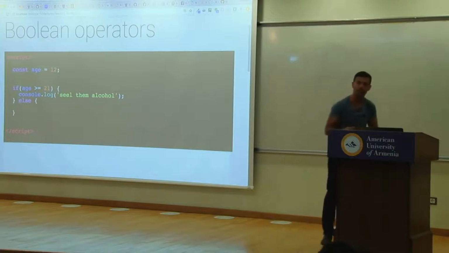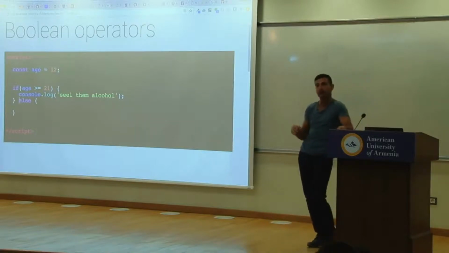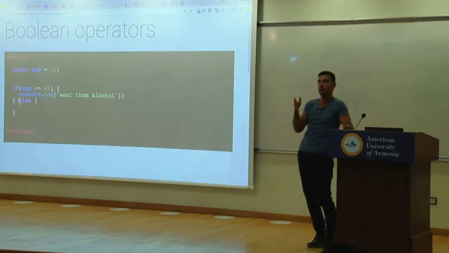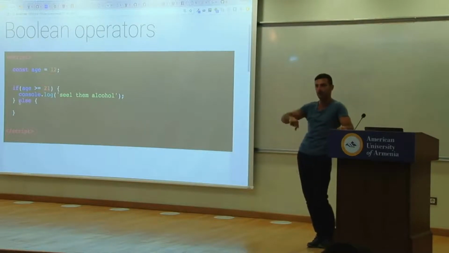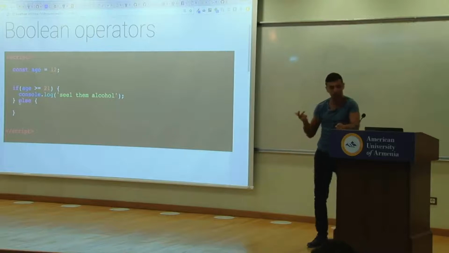So in that case, what we need is a few if statements. If they're 21, give them beer. If they're 18 but less than 21, then we can let them in but not give them beer. For all other cases, we can't let them in because they're too young. Fair?